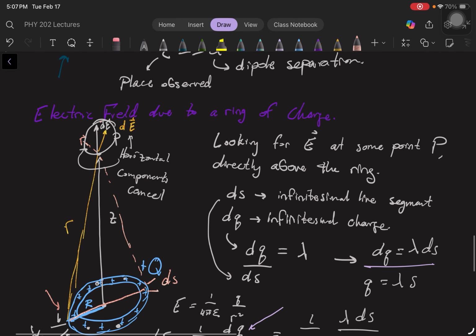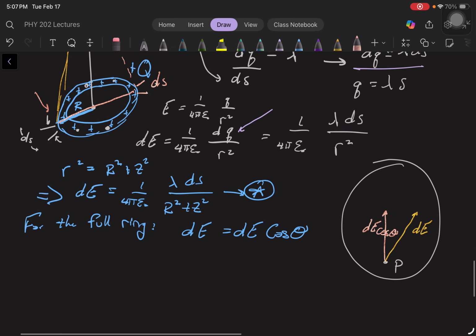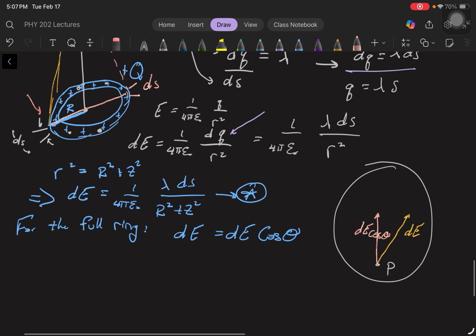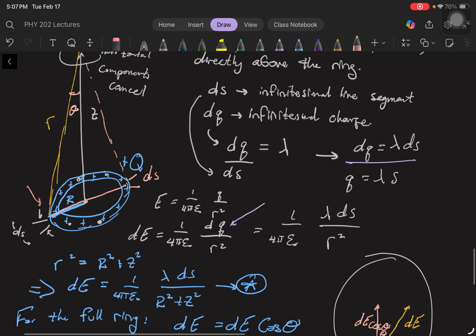I guess we should put like the sum of dE will be pointed in that direction. All right, because if we have this angle as theta, we can say this is theta, and dE cosine theta, where we now have that defined in our triangle.